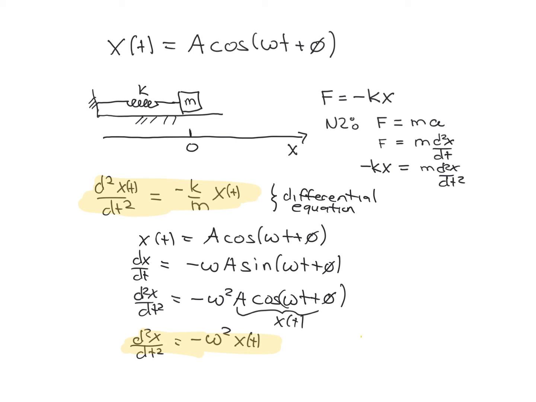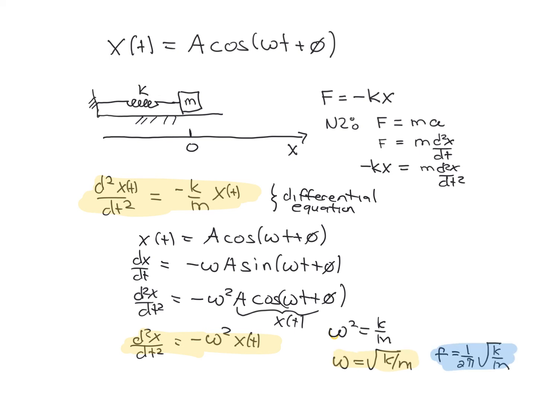And that means basically that we require omega squared to equal k over m. And what that tells you is that the angular frequency of a mass on a spring is given by this relationship here. The square root of k over m tells you the angular frequency of a mass on a spring.